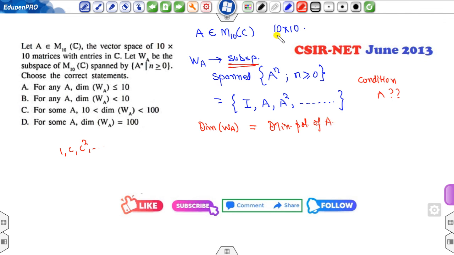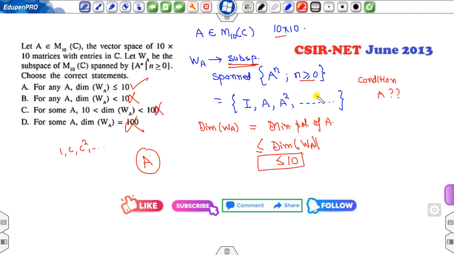It's a subspace of dimension 10, so under this restriction on A, the dimension of W_A is less than or equal to 10. A is the correct option. Strictly less than, strictly 100, is wrong. Because the minimal polynomial, n ranges over 0 to 100, what is the maximum? It is 10, because it is a subspace of M10.